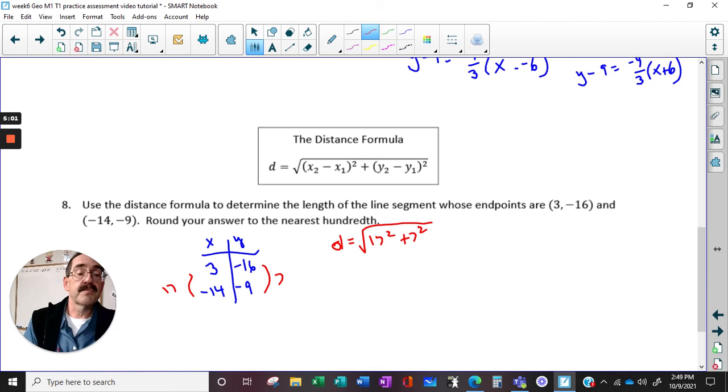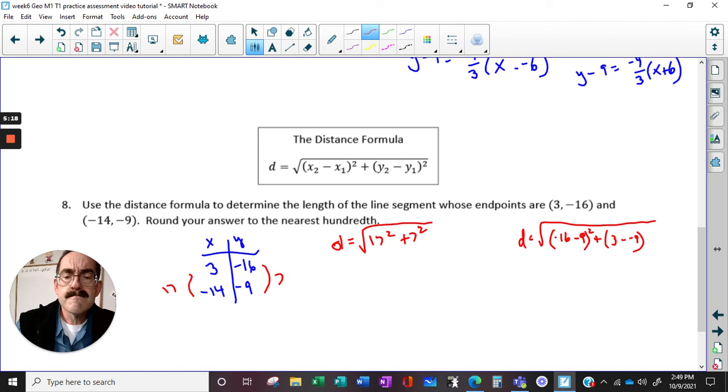And if you want to do it this way, you can. So we're just going to go d equals the square root of negative 16 minus 9, squared, plus 3 minus a minus 9, squared.